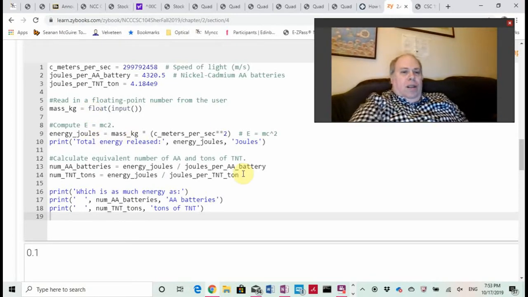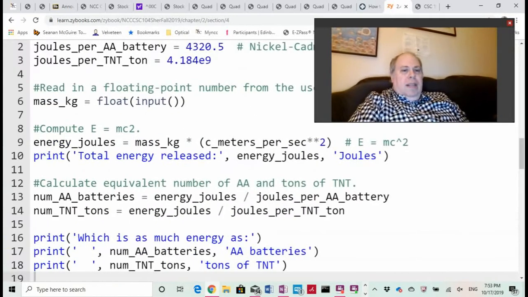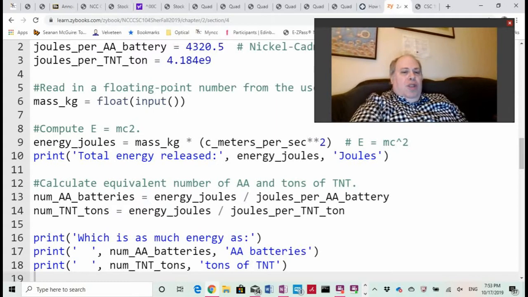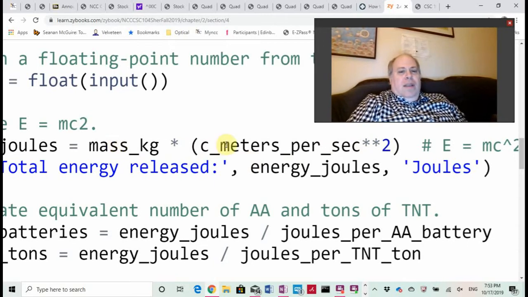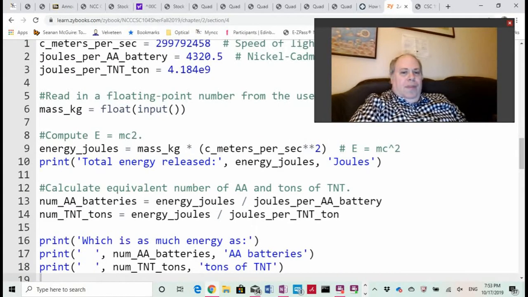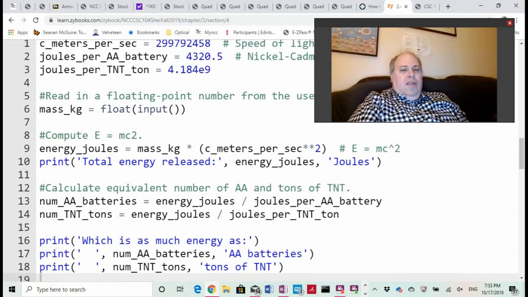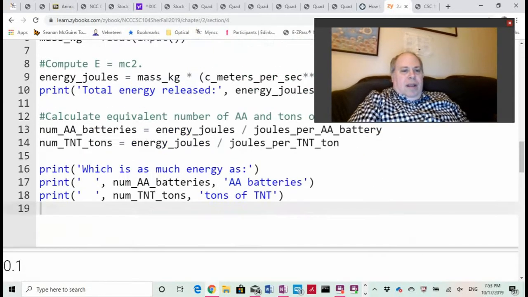Now, little note, we're going to get more into this later, but times is done with a star over here, and exponents are a double star. So this is the mass times c squared. And so if we change that mass into energy, it would print out, right?